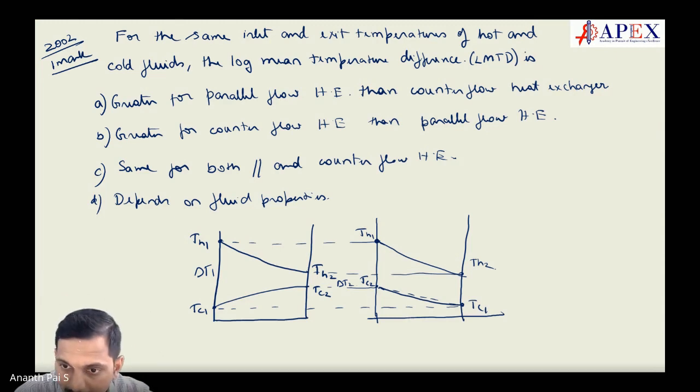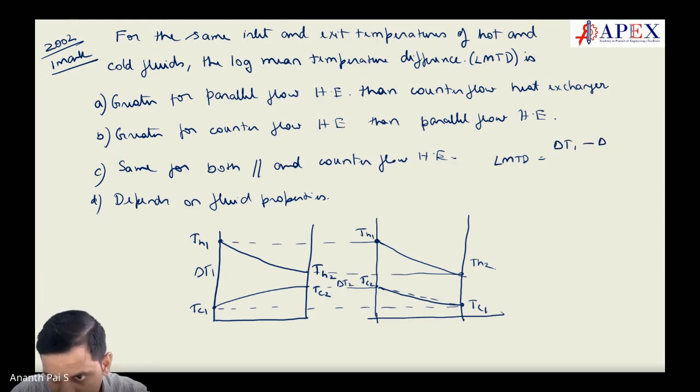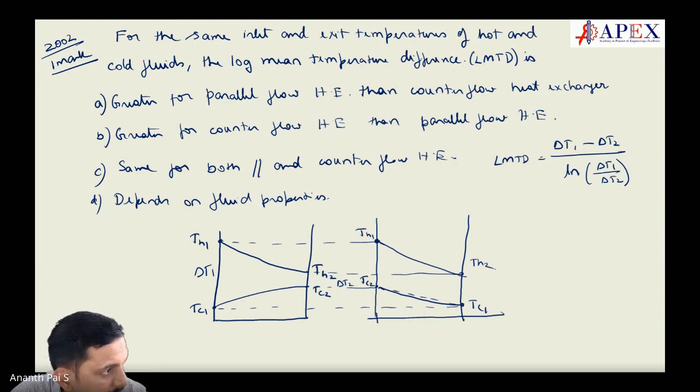So we have LMTD, delta T1, but what about the log? Delta T1 is bigger, delta T2 is smaller. So you have a big number divided by a big number, log of a big number.